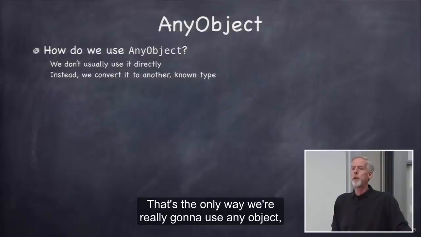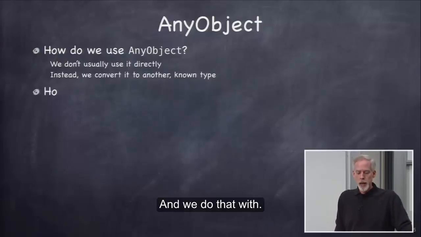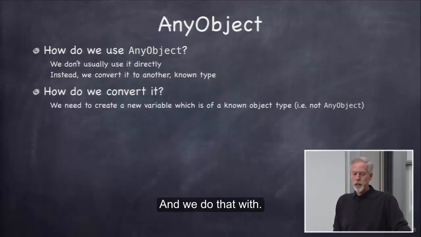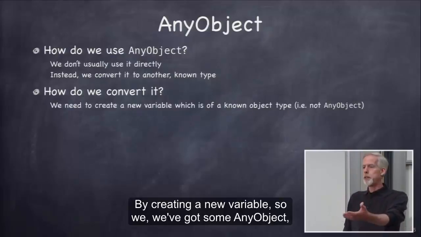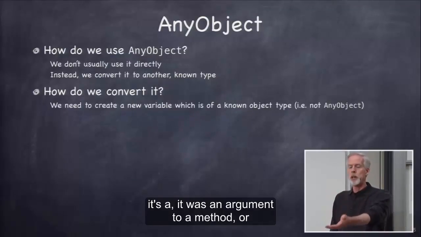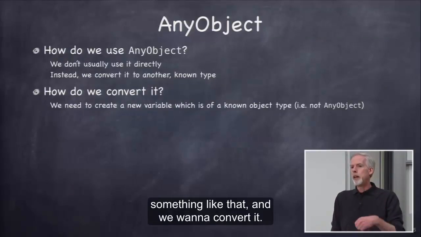That's the only way we're really going to use AnyObject, is to convert it to some class that we do know. And we do that by creating a new variable. So we've got some AnyObject. It was an argument to a method, or it's a local variable, or something like that, and we want to convert it.